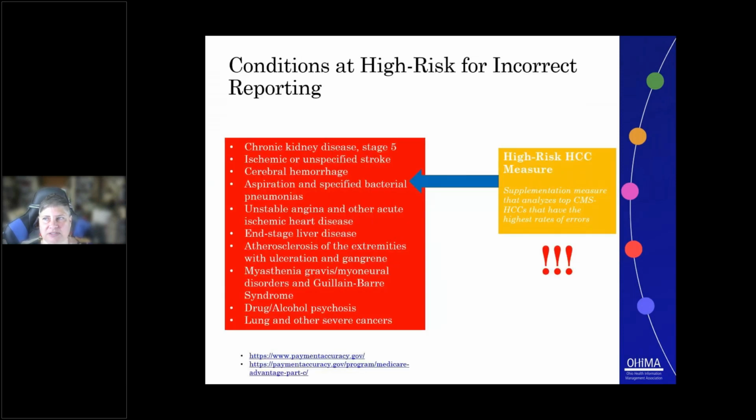There are several conditions at high risk for incorrect reporting, as shown on this slide. Examples are chronic kidney disease, stage 5, or atherosclerosis of the extremities with ulceration and gangrene. And Medicare Advantage organizations often hire risk adjustment coding professionals or risk adjustment consulting firms to assist them with improving coding accuracy at their MAO.